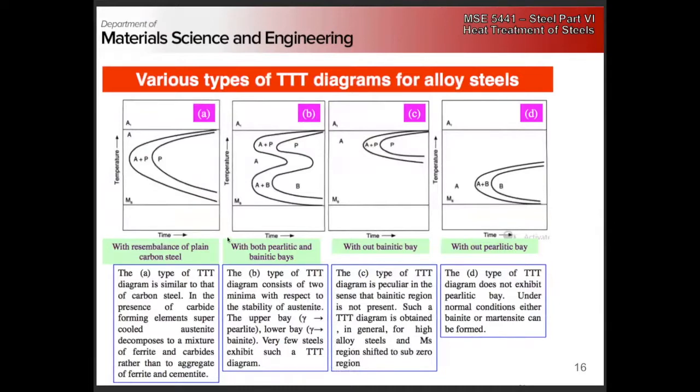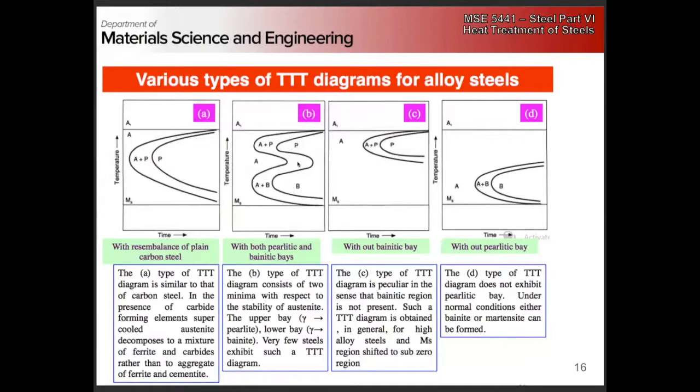All right. So here we have schematic TTT diagrams. So we can have various types. Plain carbon tends to look like this. Austenite, this is the start of pearlite growth. And here's our pearlitic microstructure. If we can reduce the martensite start and push the bainite start over, we get this two bay.